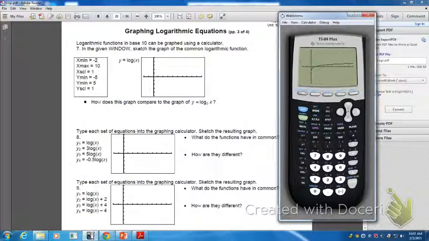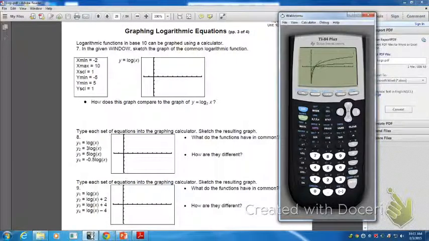All right, let's go down to number 8, and you already have y1 in your calculator. Go ahead and put these in: Y2, Y3, Y4. And sketch those out and see what's happening to that real quick, okay? Okay, so there is our parent.